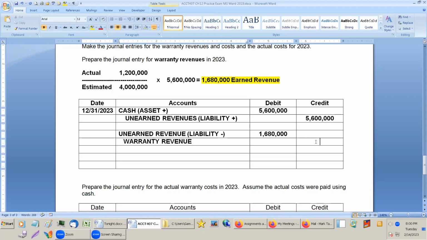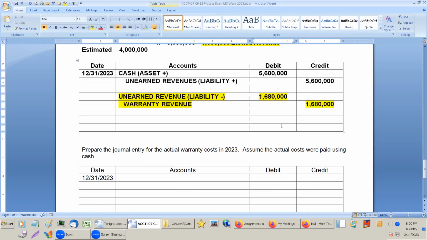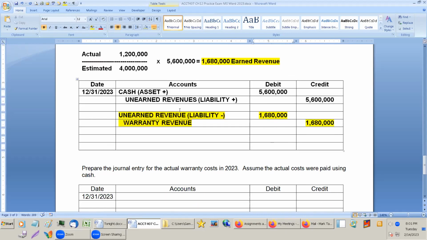And so this will be what, warranty revenue will be 1 million. And this is what this one is actually asking for. It doesn't ask for this first one, but I think I put that in there on the test. If you put it in, I'll give you extra credit for it. Sometimes it's easier though, just to do the original entry and then figure out the second.